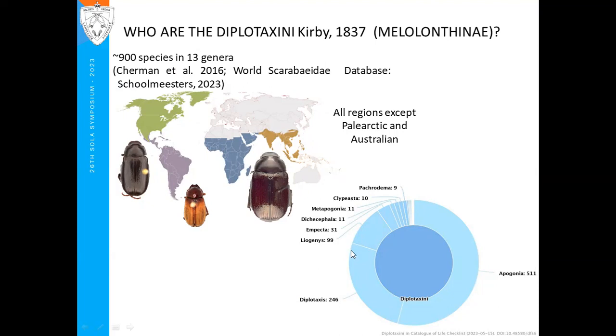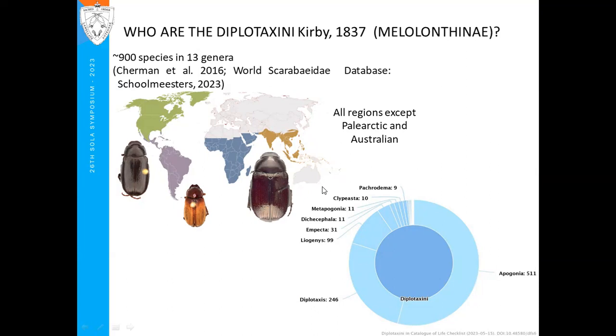Then 25% is represented by the Diplotaxis species. This genus occurs in the Nearctic region and also in Central America, which is the Neotropical region, and one species occurs in Colombia.